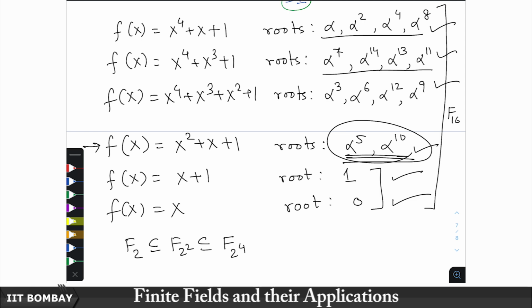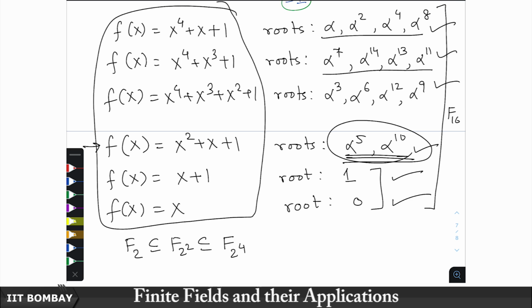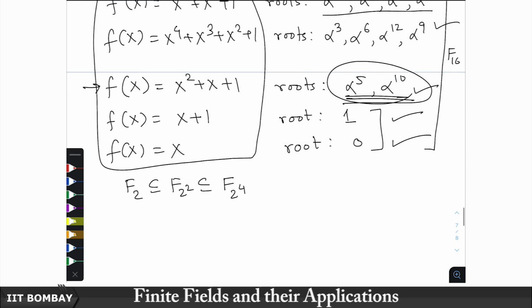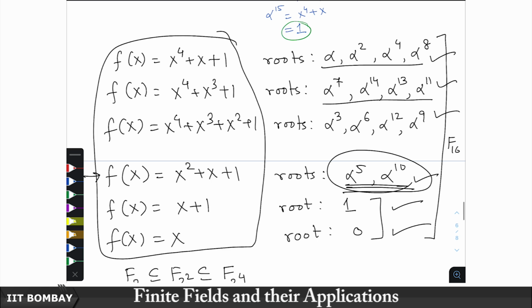Now, what do you think we will get if we multiply all these 6 irreducible polynomials? You will get a polynomial whose roots are exactly all the elements of F16. That polynomial will be of degree exactly 16, because the degrees just add up: 4, 4, 4, 2, 1, 1.